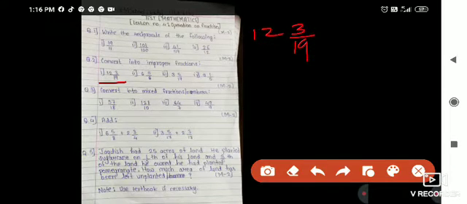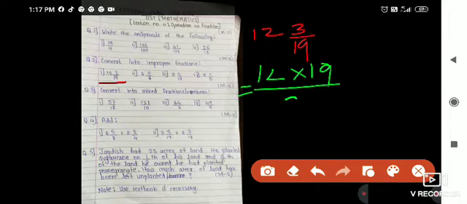So here 12 integer 3 upon 19. What we have to do is multiply the integer and the denominator, and sorry, here it is a mistake. So here 12 into 19 and plus 3, upon 19.